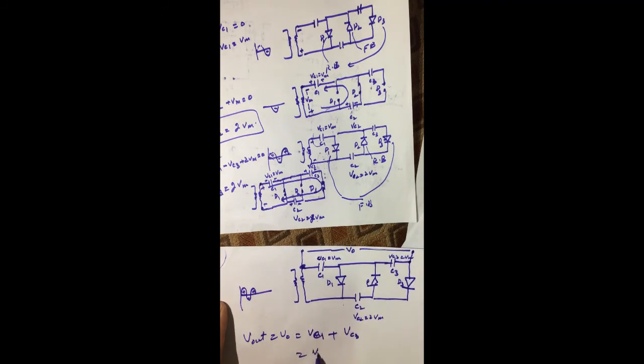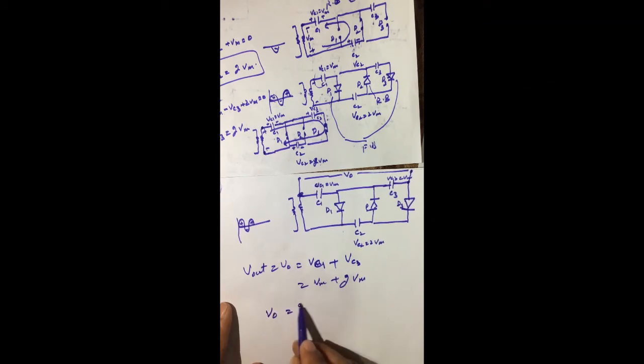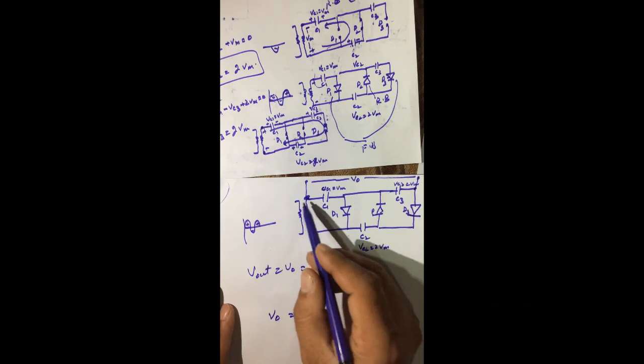Now Vc1 is Vm and Vc3 is 2Vm. So it means that the output voltage of this voltage tripler is 3 times the voltage appearing on this secondary coil.